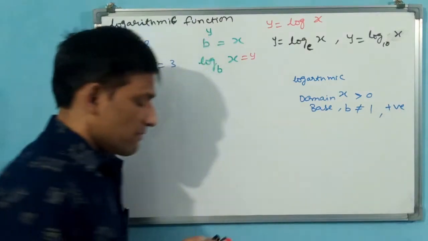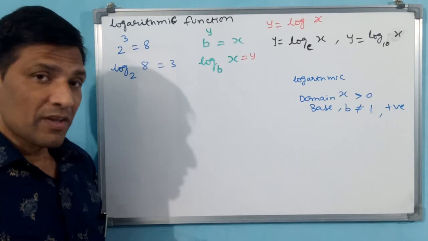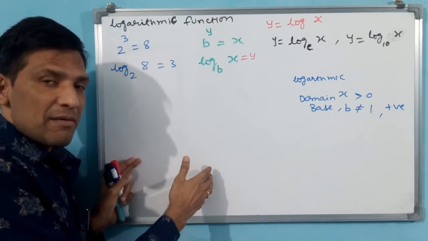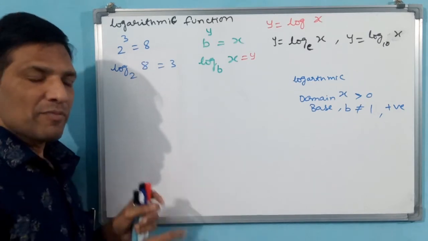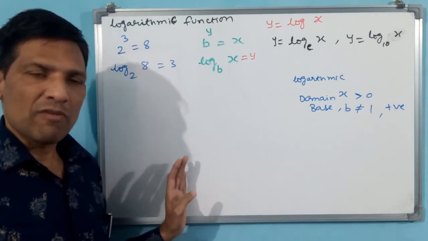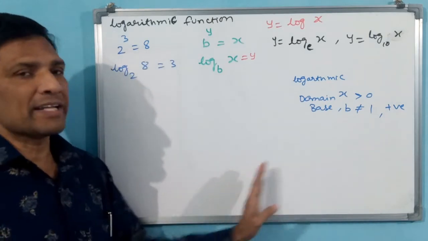Positive, that means a base between 0 and 1 is also there here. For the exponential function, automatically the base is greater than 1, and between 0 and 1 you should not give. Greater than 1 only you should give.